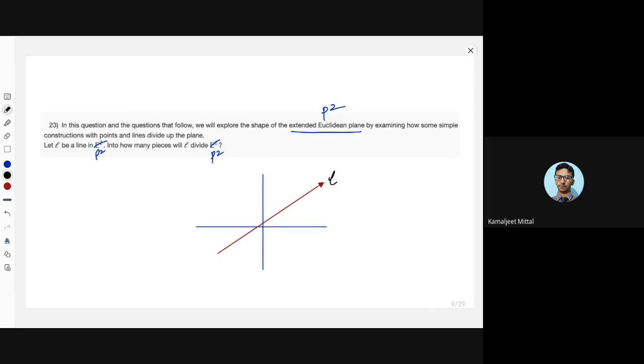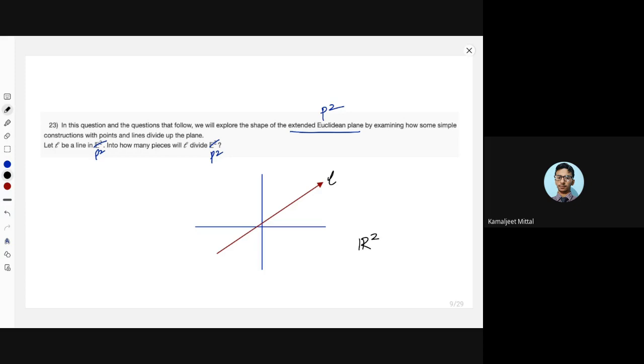Okay, so let me answer this. What you can see in this figure is that I've drawn the R2 plane only.